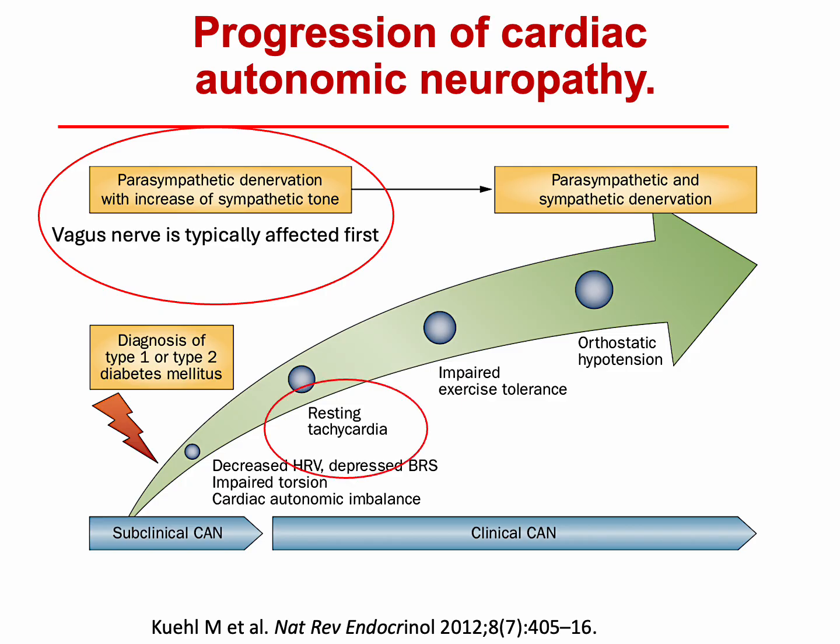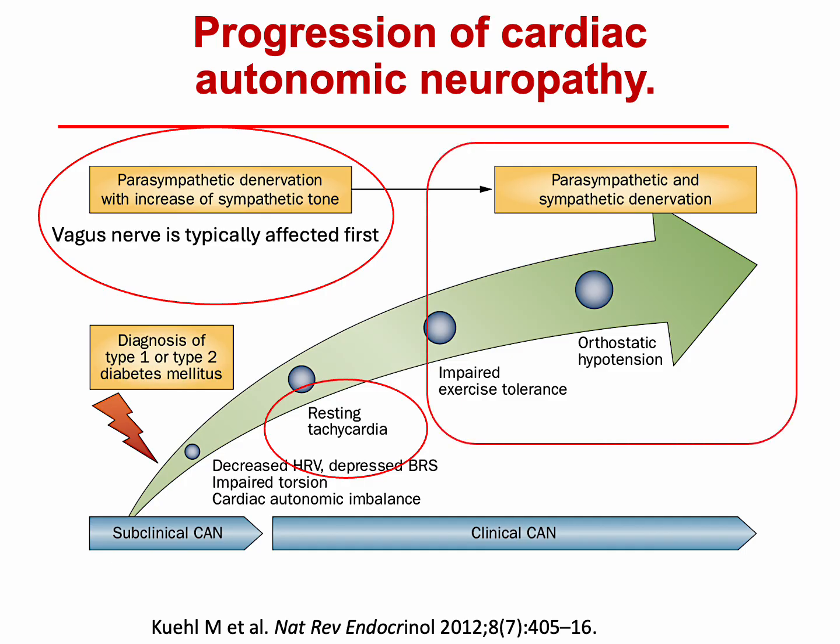An increase in resting heart rate is due to vagal nerve damage with resulting unopposed cardiac sympathetic outflow. As autonomic neuropathy progresses, the sympathetic nervous system is also affected. Exercise intolerance results from impairment of heart rate, blood pressure, and cardiac output in response to exercise. Late-stage autonomic neuropathy results in orthostatic hypotension.